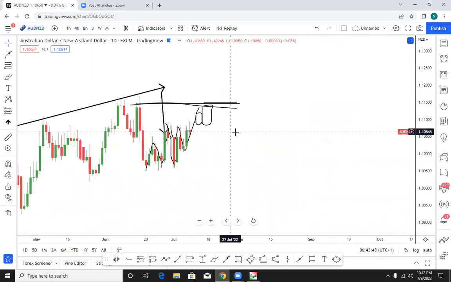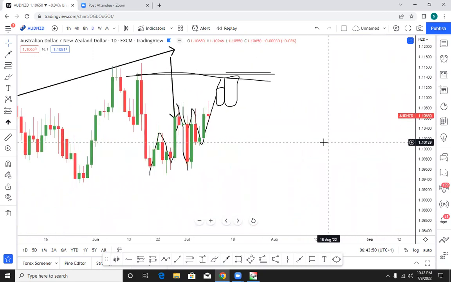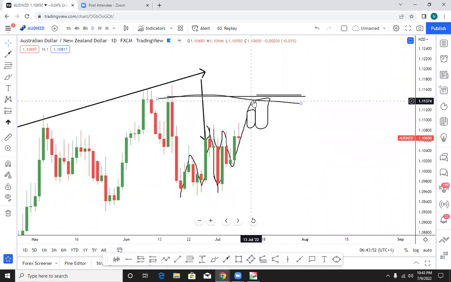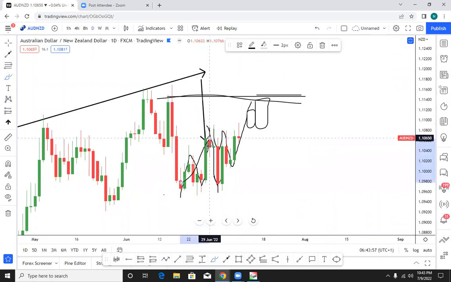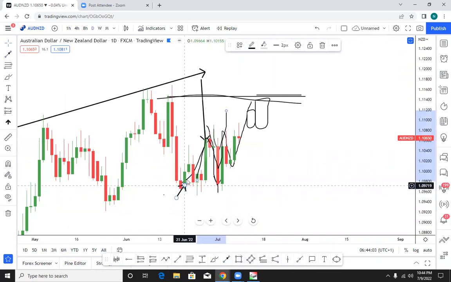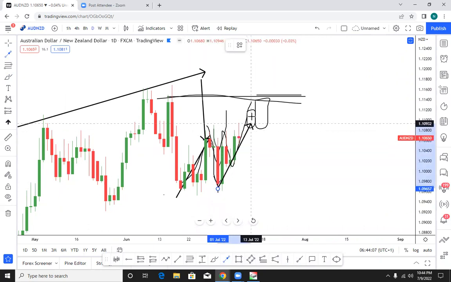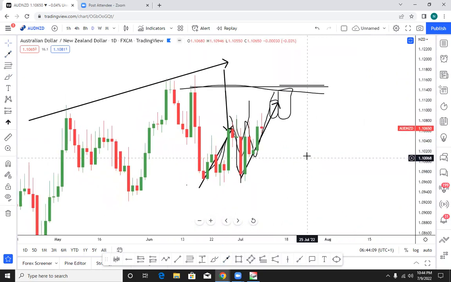So what am I waiting for to get ready to sell this pair? I want this market to pull up here so that the wave you have here, this level, I want a repeat of the same thing, this size here. Do you see it here?